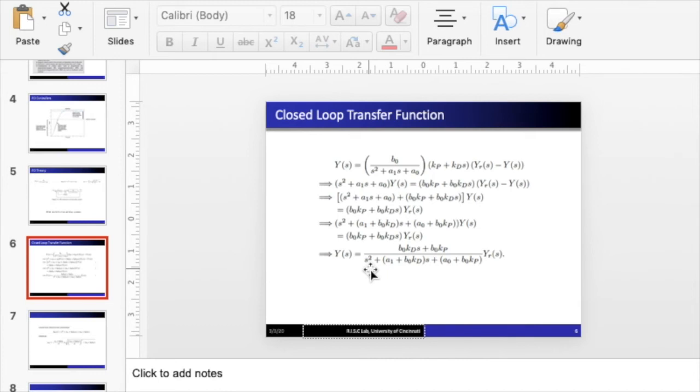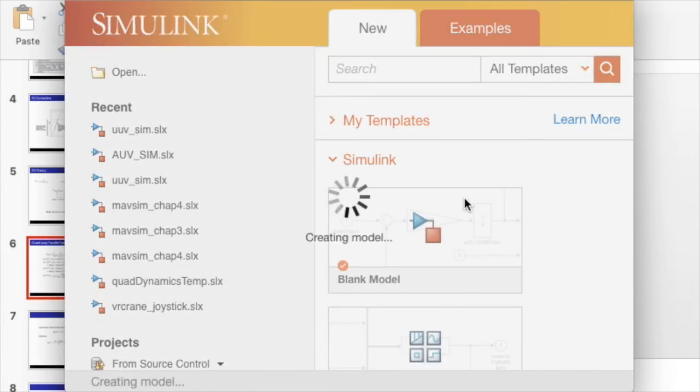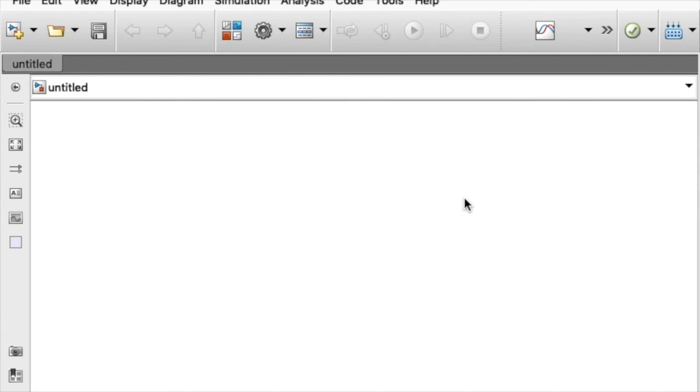So let's see how you implement a PID controller in Matlab Simulink. Okay, so that's our blank model.